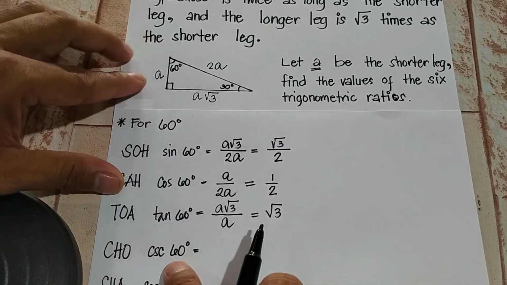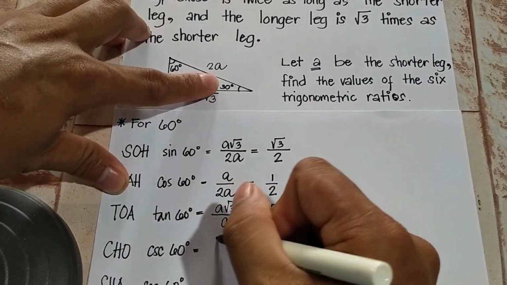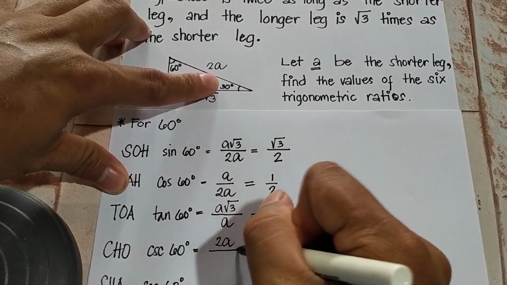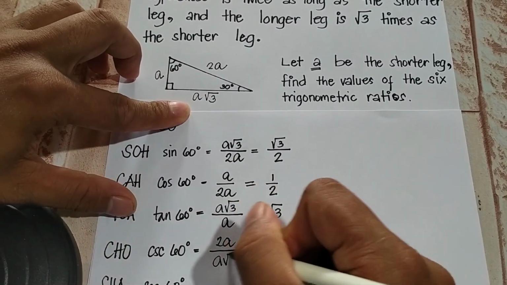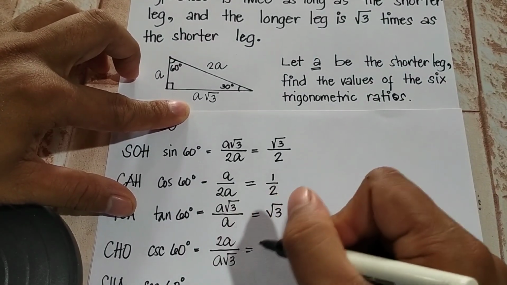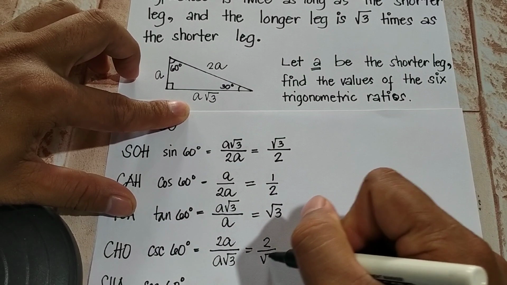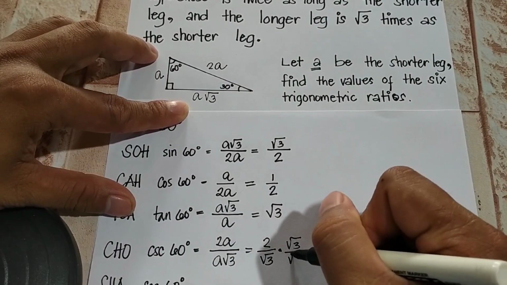Next, cosecant 60 rather. That is hypotenuse 2A over the opposite, that's A square root of 3. So A over A, we have 2 over square root of 3. Rationalize, square root of 3 over square root of 3.